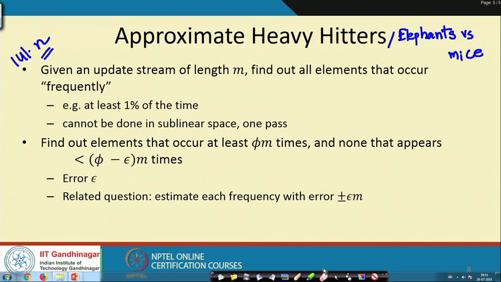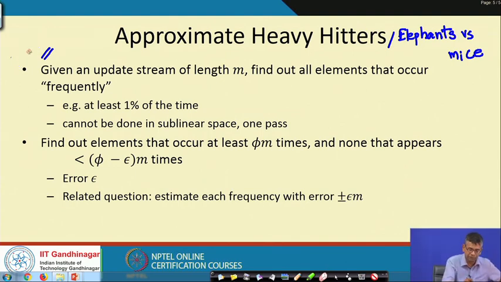We could say that the universe is big, but the number of distinct elements that you see is n. But the length of the stream m is bigger than n, because an element can come multiple times. So, given an update stream of length m, find out all elements that occur frequently.